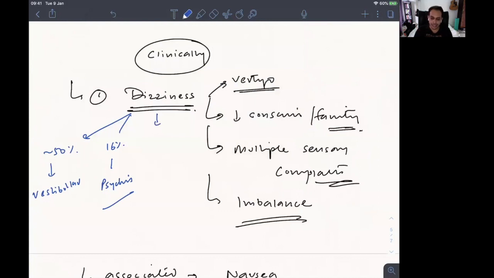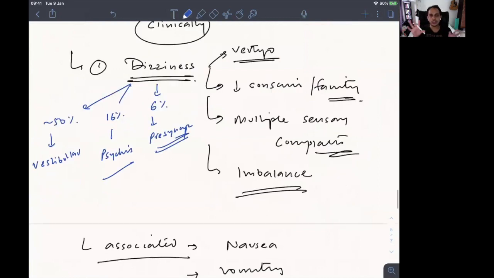And around 6% of them had pre-syncope. So by pre-syncope, I mean there is decreased blood pressure and decreased perfusion of the brain. So whenever you get a patient of dizziness, you can imagine that this is how the distribution will be. So half of them will present as a case of vestibular dysfunction.